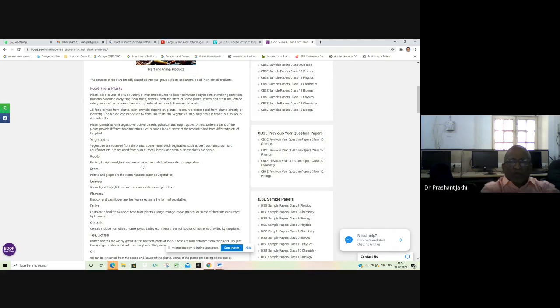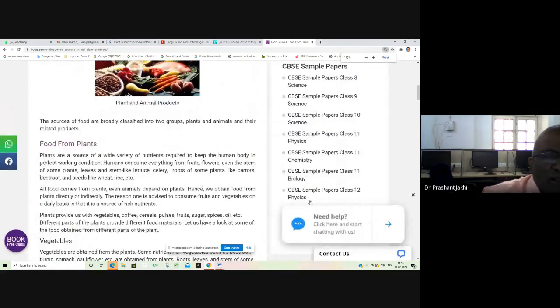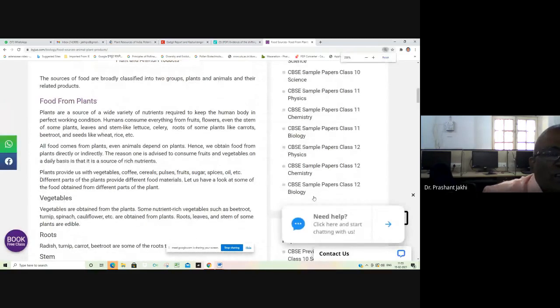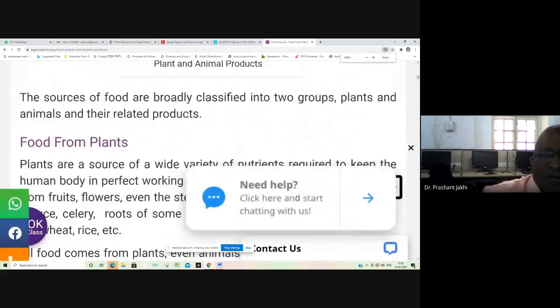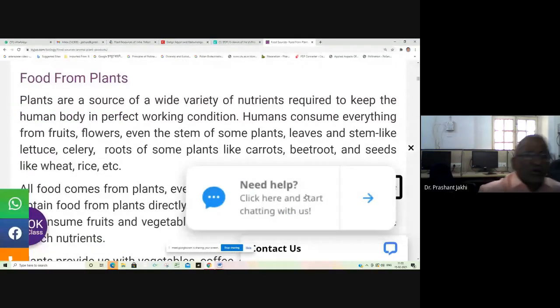So humans consume everything from fruit, flower, even the stem of some plants, leaves, stem like lettuce, celery, root of some plants like carrot, beetroot, seeds like wheat, rice, etc. So there is no need to explain much more regarding this, because all of us are using these different types of sources. So, food from different plants.